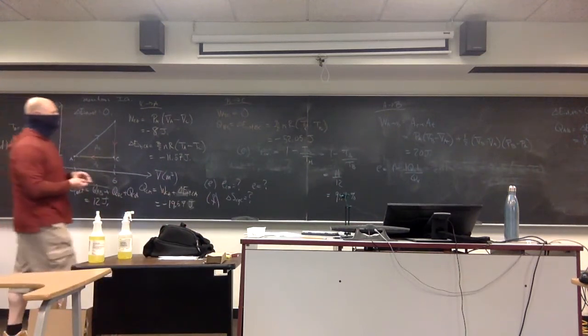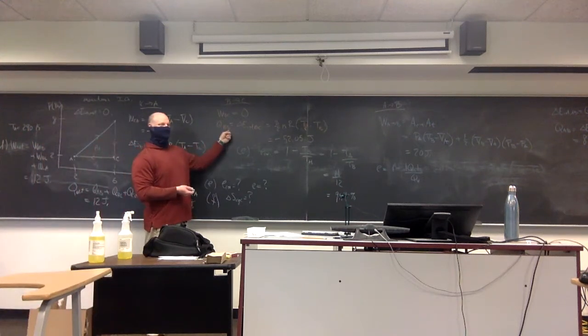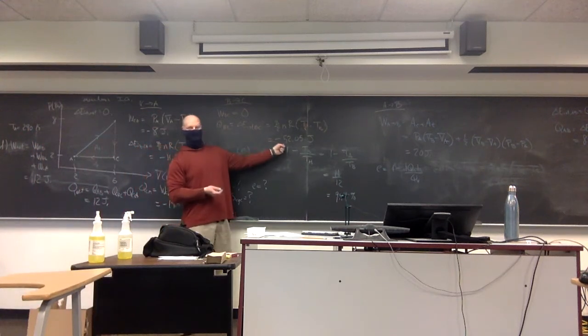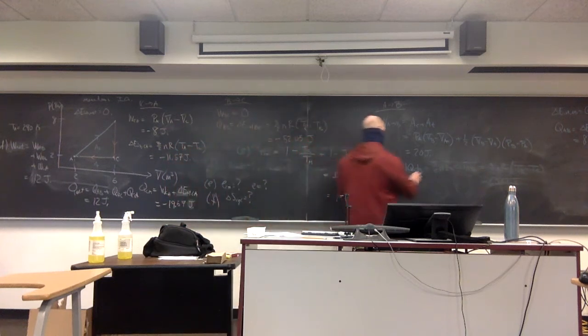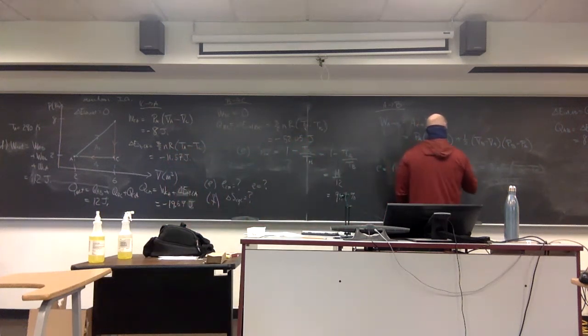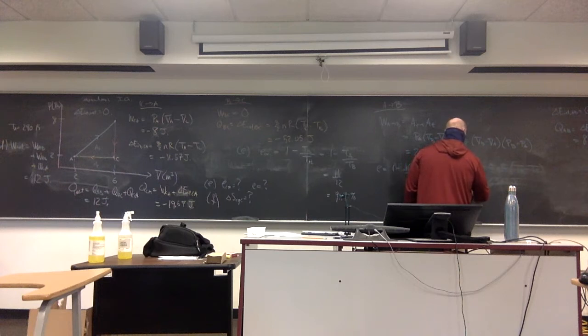In this case, the most negative one is this guy, this is the most extreme negative, and the biggest positive one is that one. So this is going to be equal to 1 minus the absolute value of the heat flowing from B to C, divided by the heat going from A.